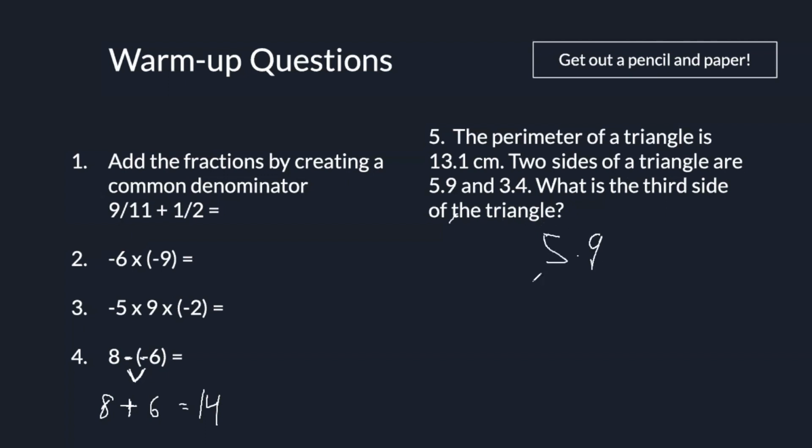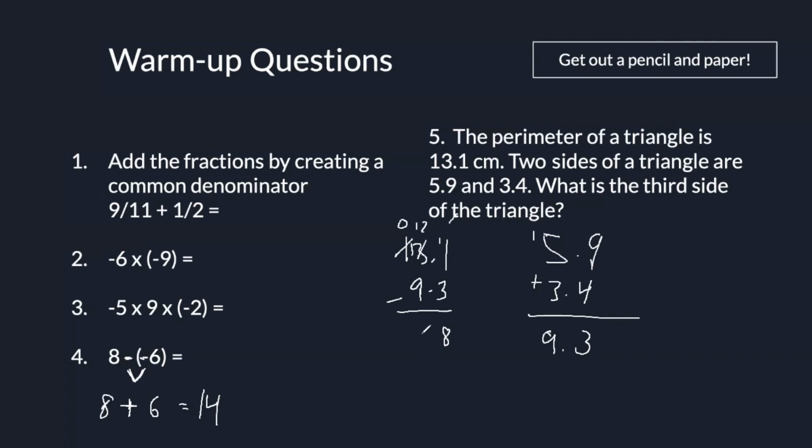And then 13.1 minus 9.3 equals 3.8. So then is that your final answer? 3.8? That's 9.3. And then 13.1 minus 9.3 would be 3.8.